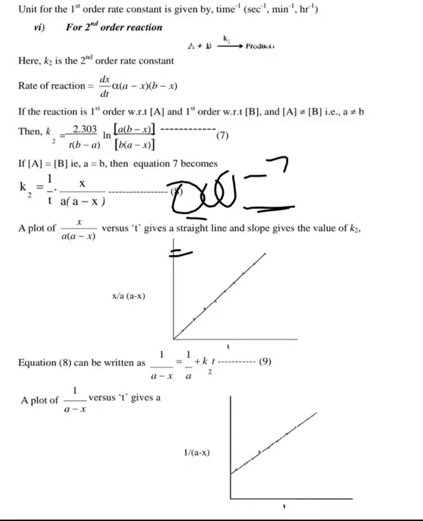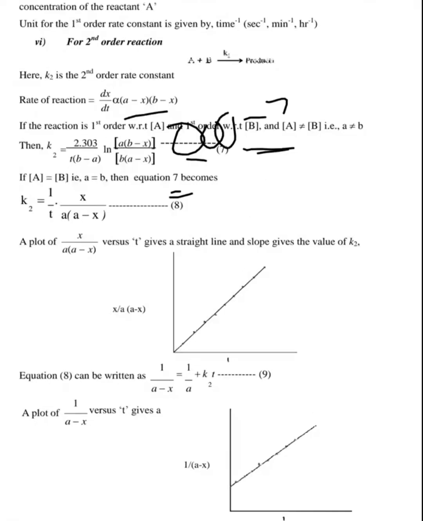So further, in the next step, it can be written as dx by dt proportional to A minus x into B minus x, where small b denotes the initial concentration of the reactant B, and with respect to the first order reaction, A is not equal to B. So K2 is equal to 2.303 by time into B minus A. B minus A is nothing but the initial concentration of B and initial concentration of A, log of A into B minus x divided by B into A minus x.